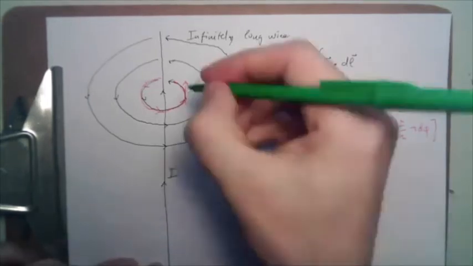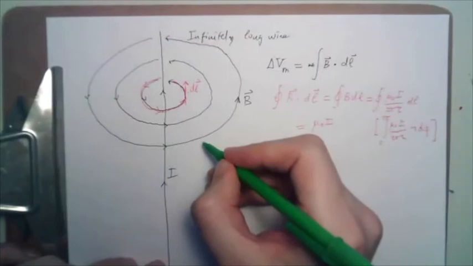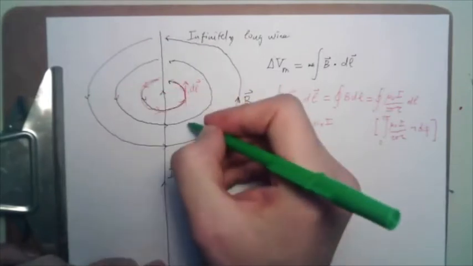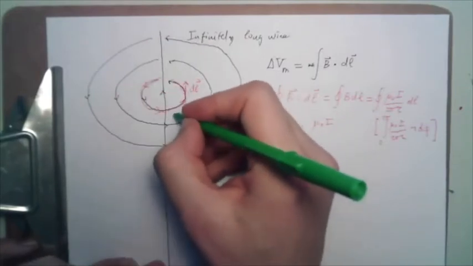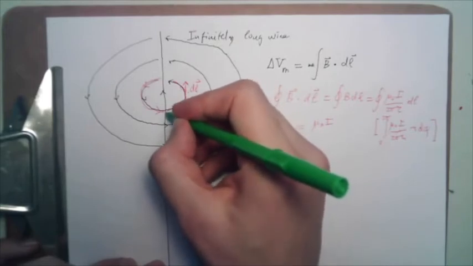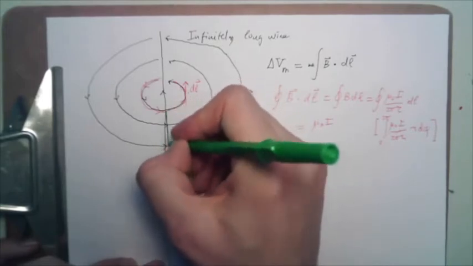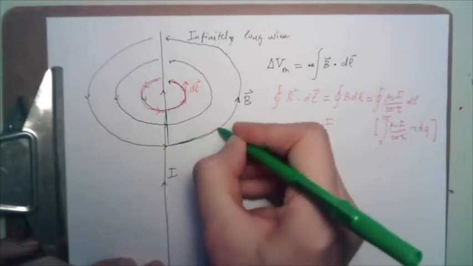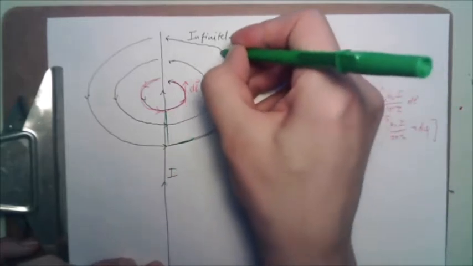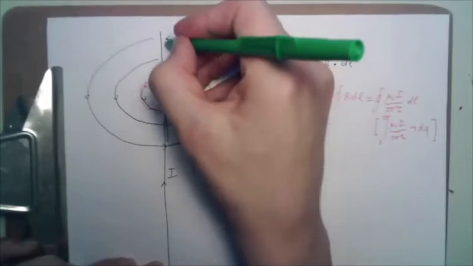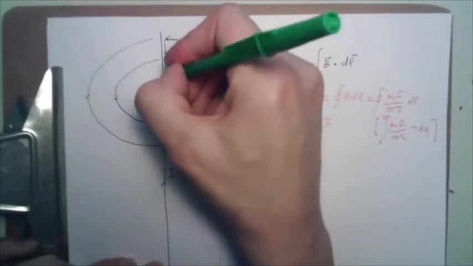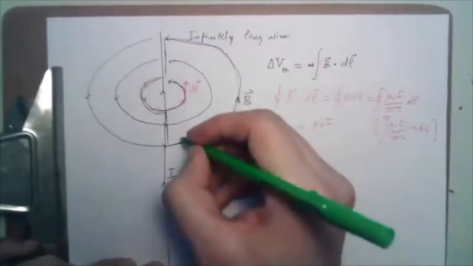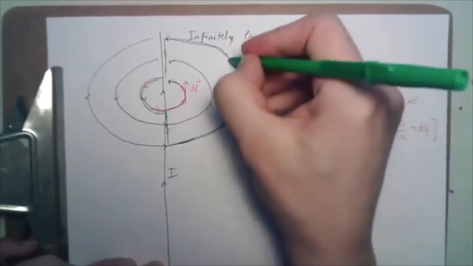So I'll make the path like this, except there's a pizza slice here, half a pizza, and then we continue on this path.